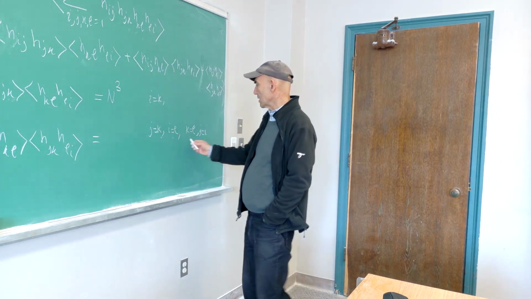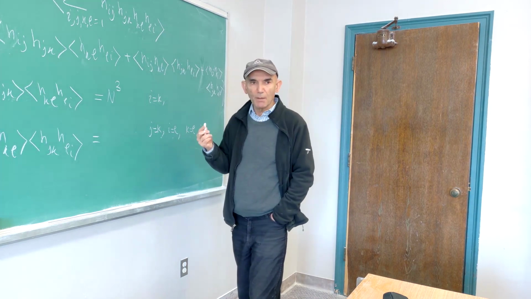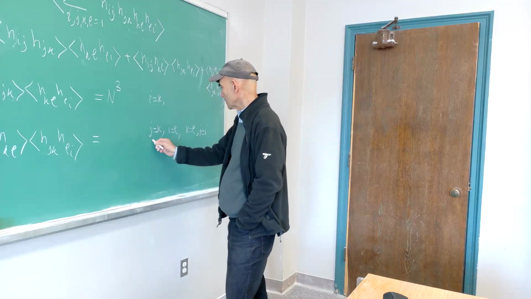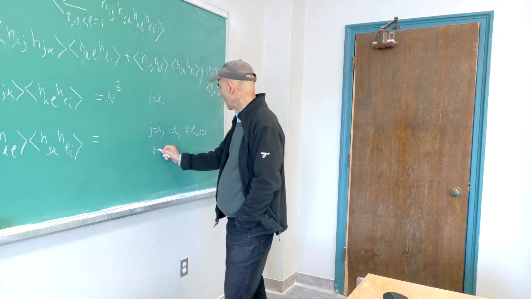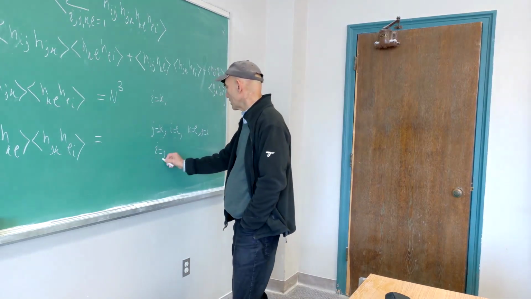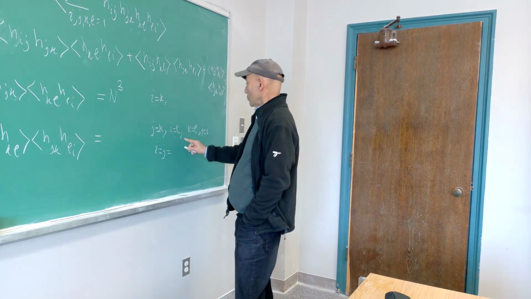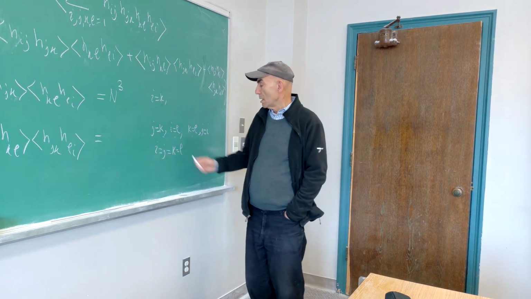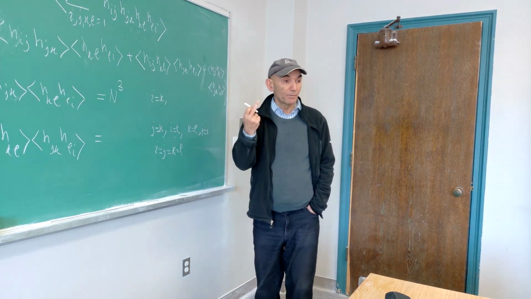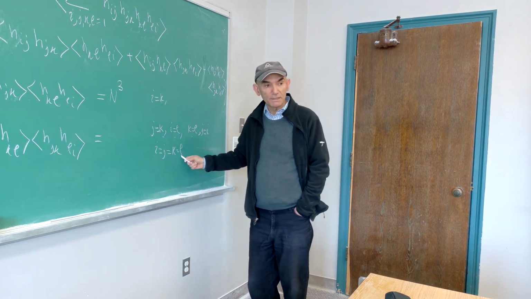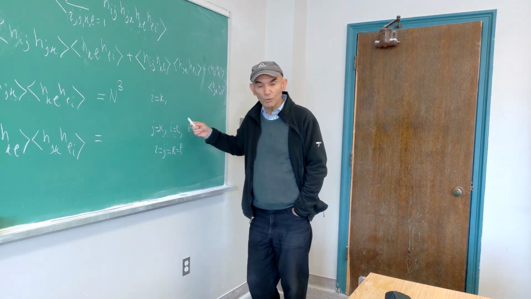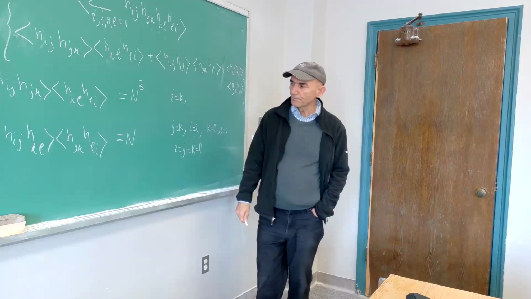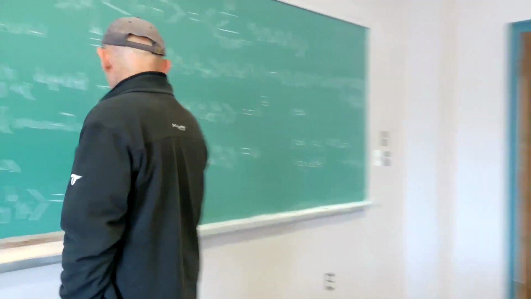So basically, this gives me I equal to J equal to K equal to L. So there is one free parameter, which is the common value of these things. It can change from 1 to n. So this gives me n.